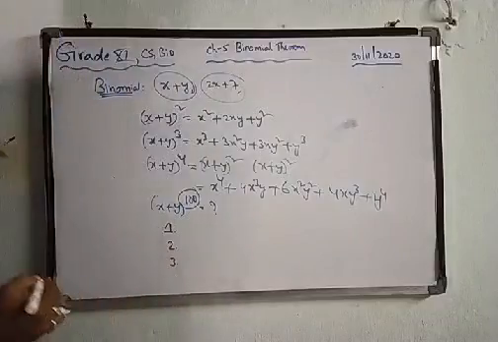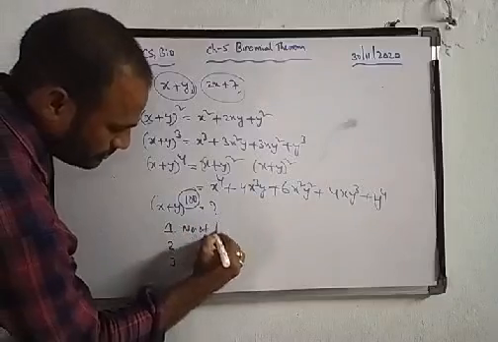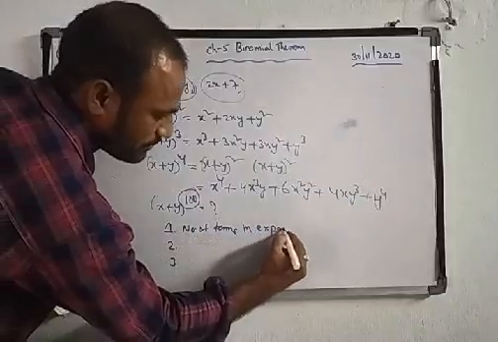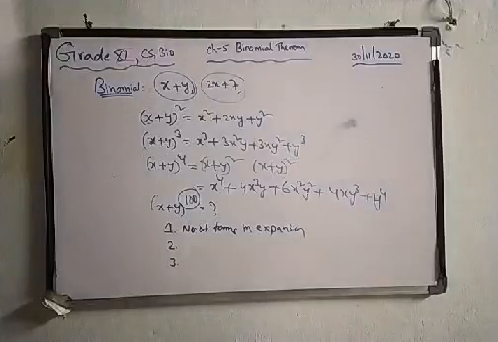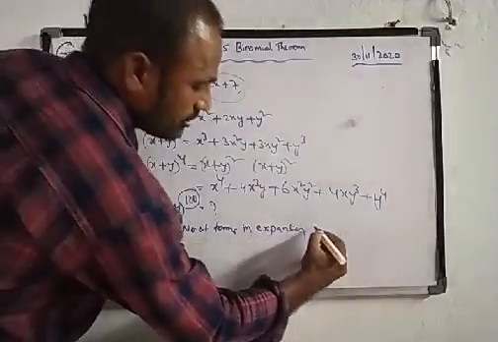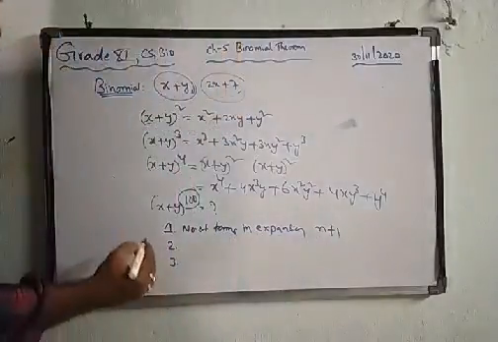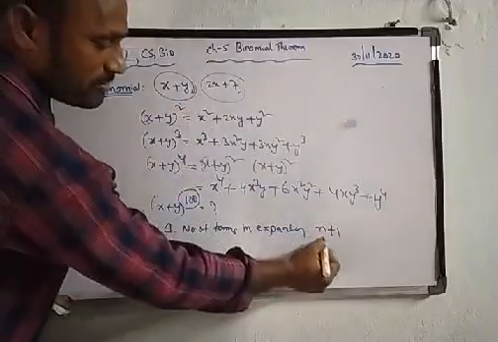The first thing is the number of terms in the expansion. Whatever the number of terms in the expansion, it will be n plus 1. It means that if the power is n, then the number of terms will be n plus 1.